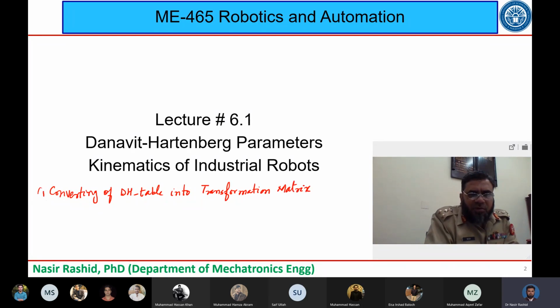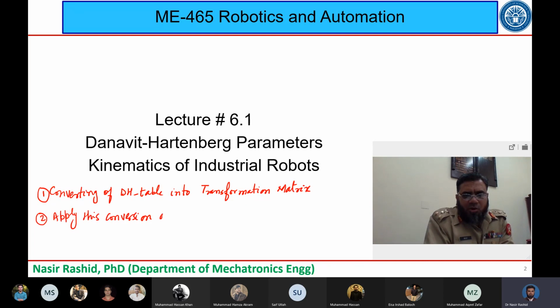So this is what we are going to do today. We are going to learn today, and then we are going to apply this conversion onto two industrial robots.